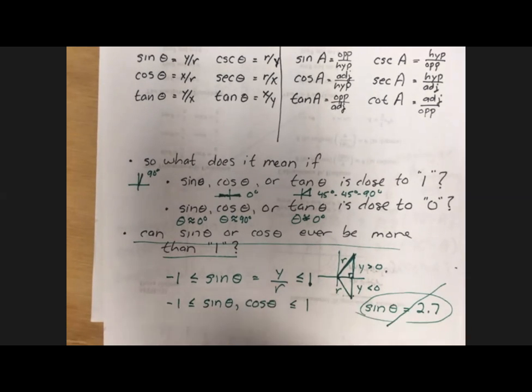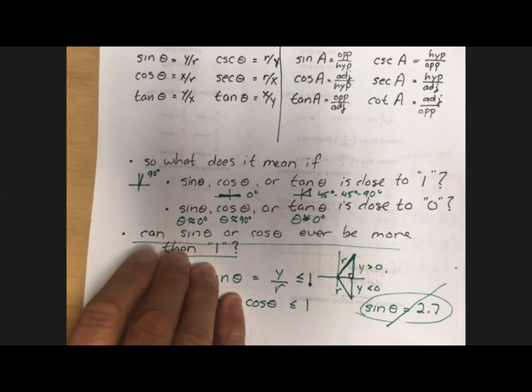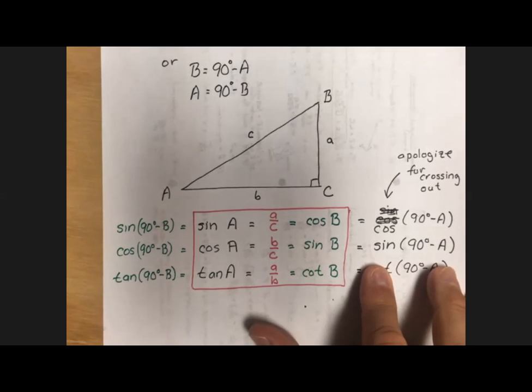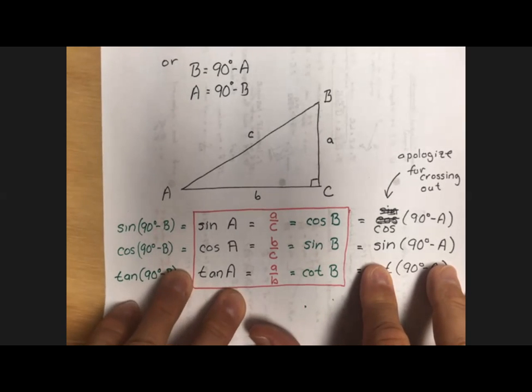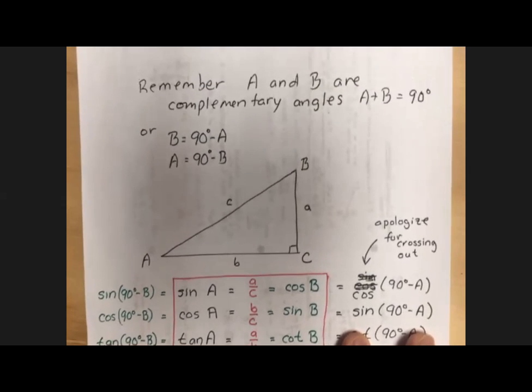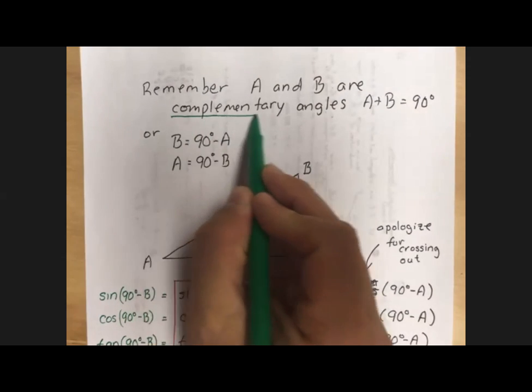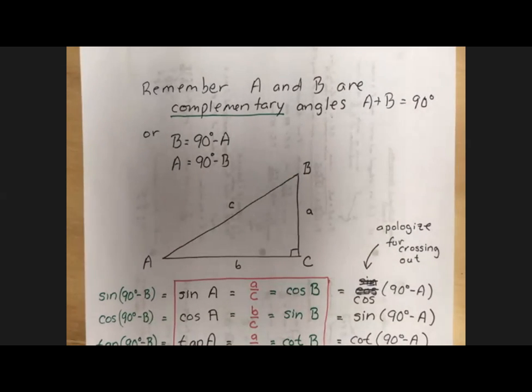Okay, next drawing, and then we'll do some physical problems. Here's a blow up of a right triangle. I wanted a little larger one so I could draw on it. And I wanted to remind you of the power of the complementary angle.